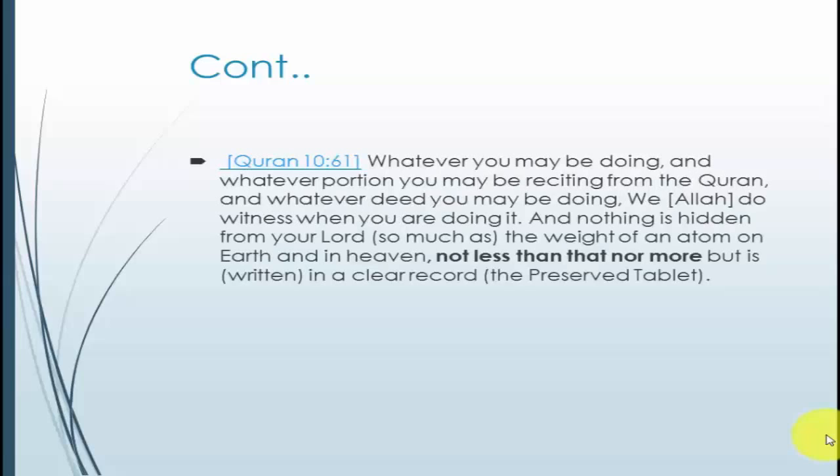In the Quran also, in verse 10:61, whatever you may be doing and whatever portion you may be reciting from the Quran, and whatever deed you may be doing, We do witness when you are doing it. And nothing is hidden from your Lord so much as the weight of an atom on earth and in heaven, not less than that, nor more, but it is written in a clear record.